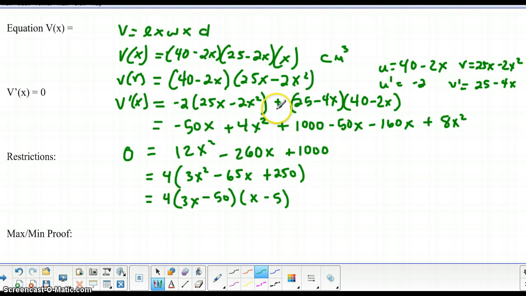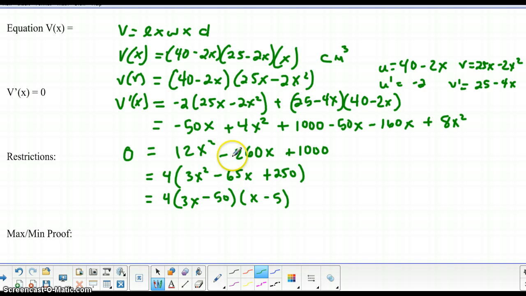Okay, so I left you here to multiply that through, and you should have gotten negative 50x plus 4x squared, plus, when you FOIL this, 1,000 minus 50x minus 160x plus 8x squared. Then we're going to combine like terms and set equal to 0, because we want to find our maximum x.